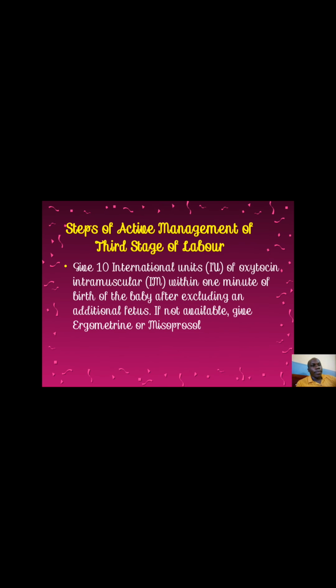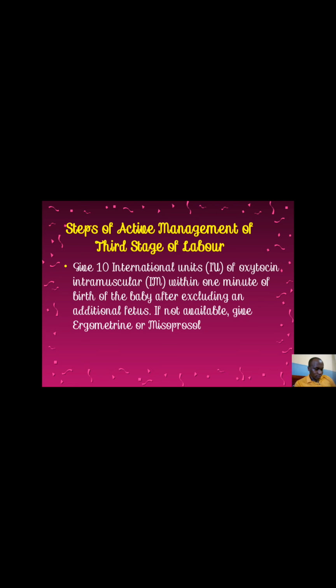Steps of active management of third stage of labor. Step one involves giving 10 international units of oxytocin intramuscular within 1 minute of birth of the baby after excluding an additional fetus. If not available, give ergometrine or misoprostol.